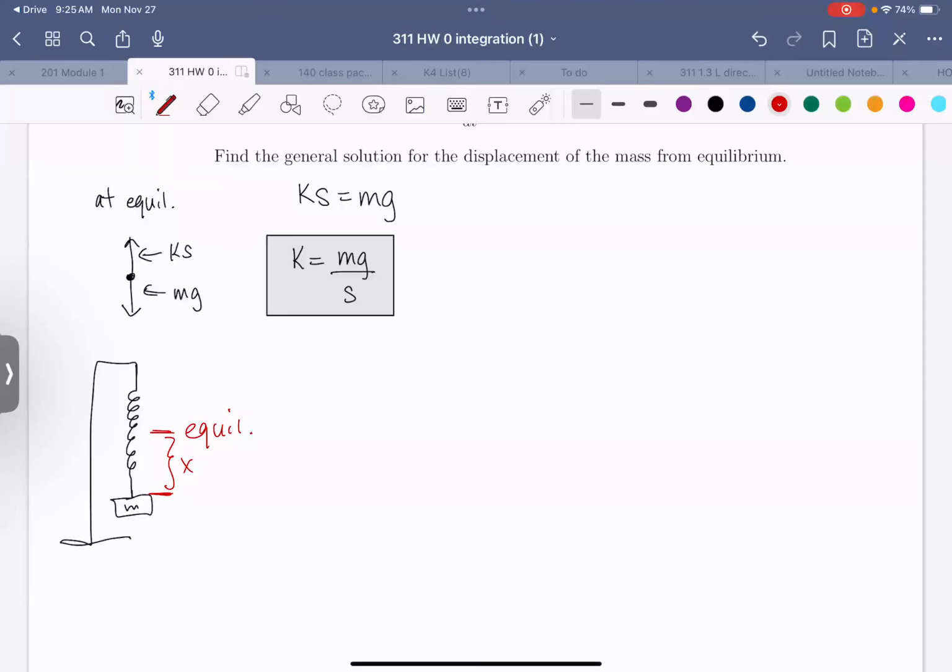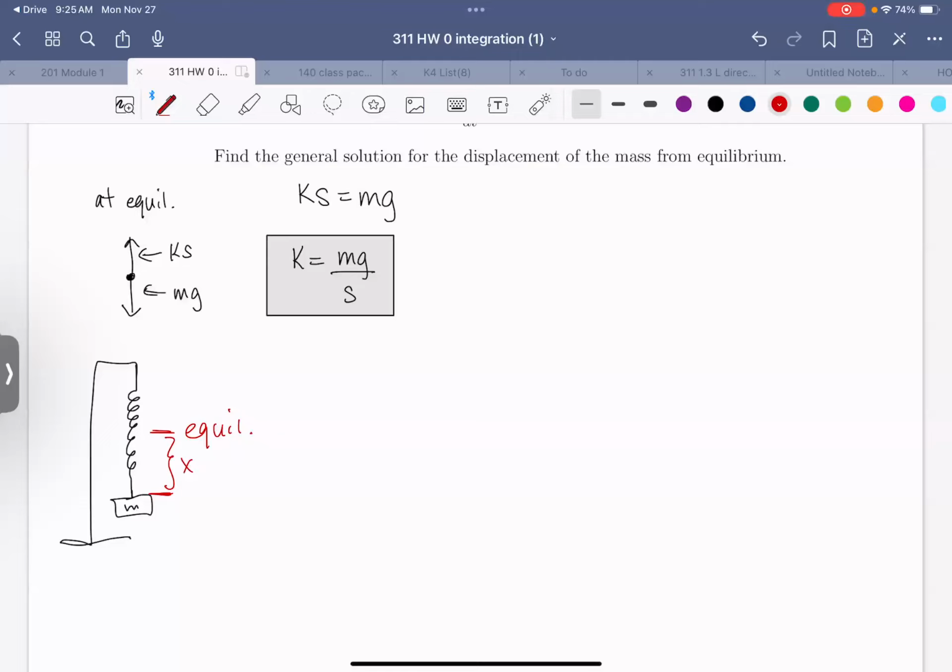Okay, so what forces are acting on it now? Well, you have the spring constant, but that's now being multiplied by the distance from the S that we took originally plus that X, right?